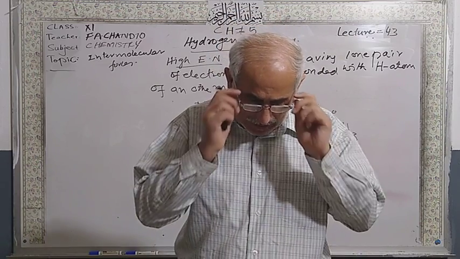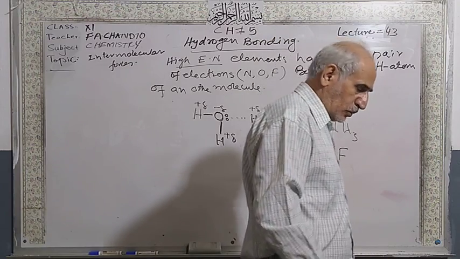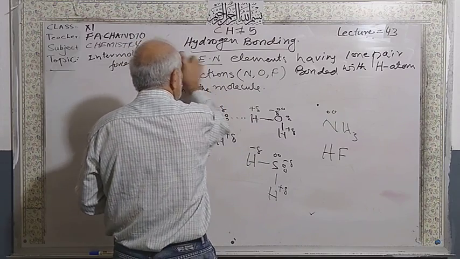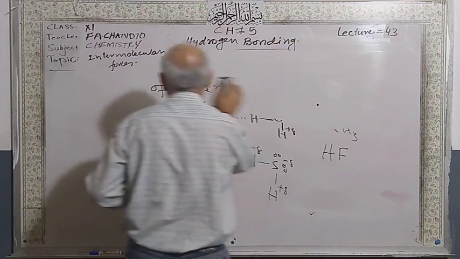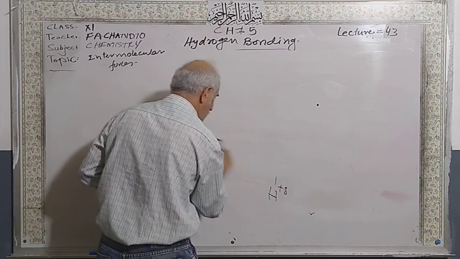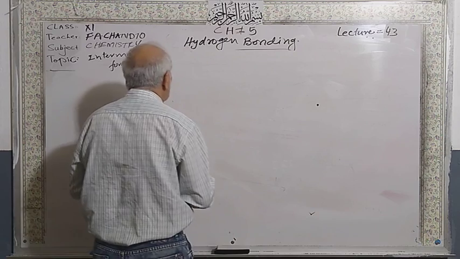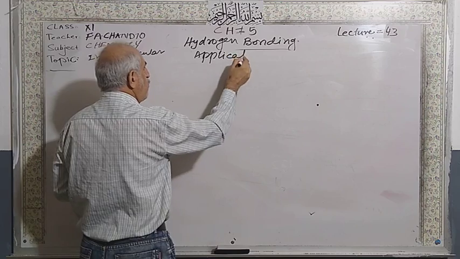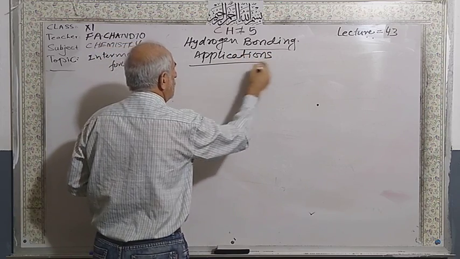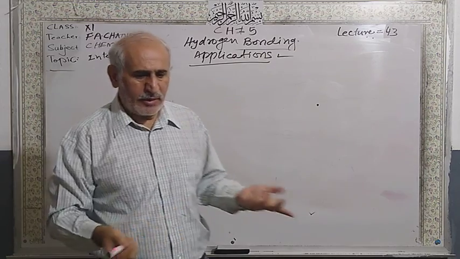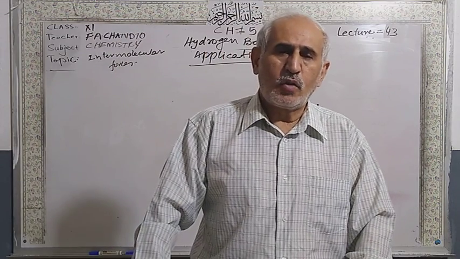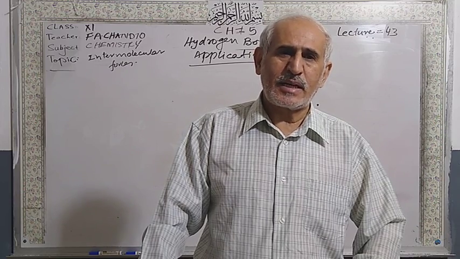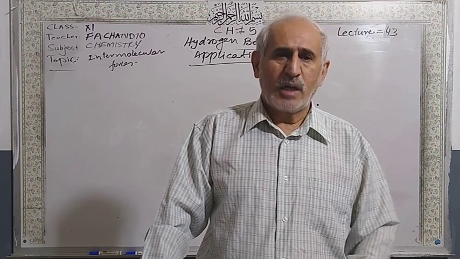Now, what are the applications of hydrogen bonding? Already we discussed here that water has a high boiling point, and ammonia is a gas, and hydrogen sulfide and hydrogen fluoride have lower boiling points.